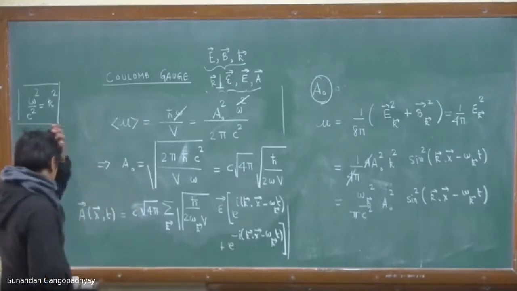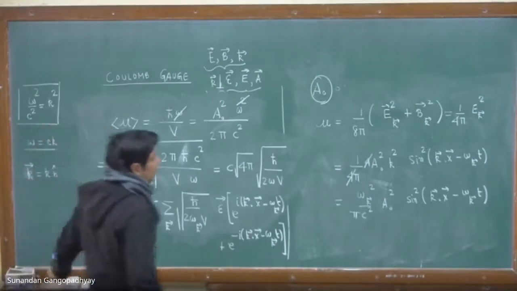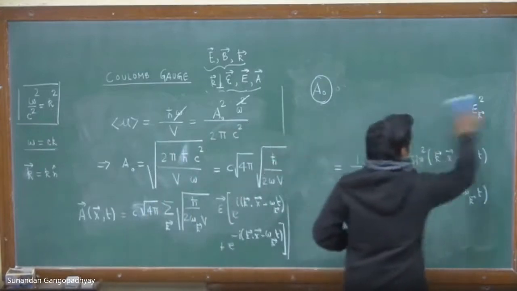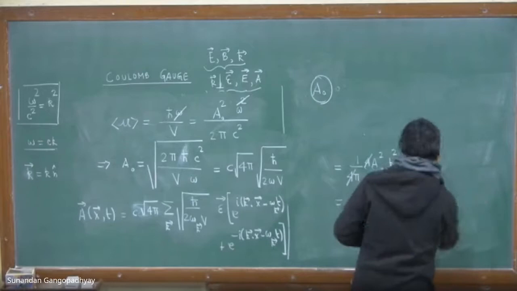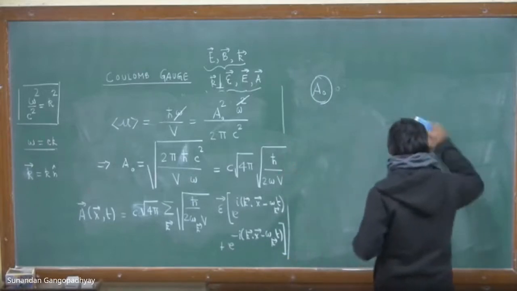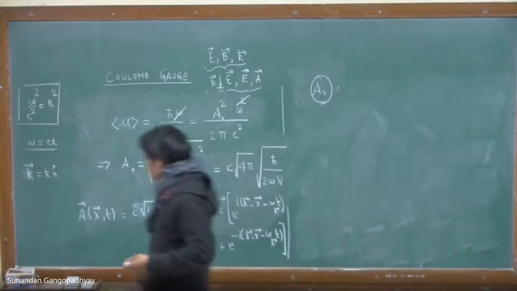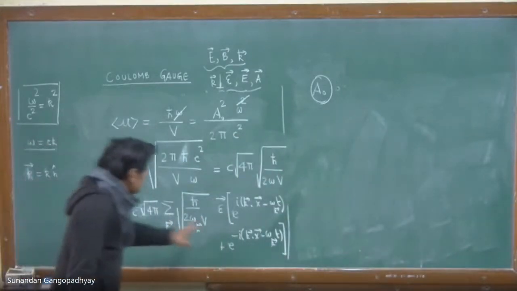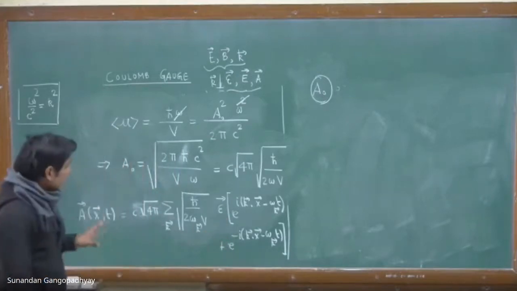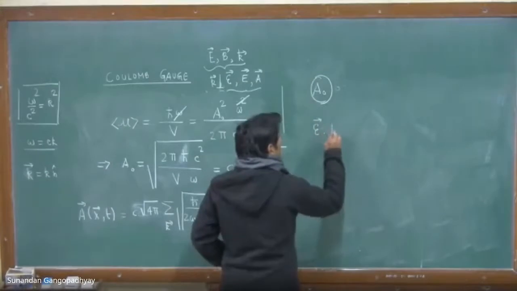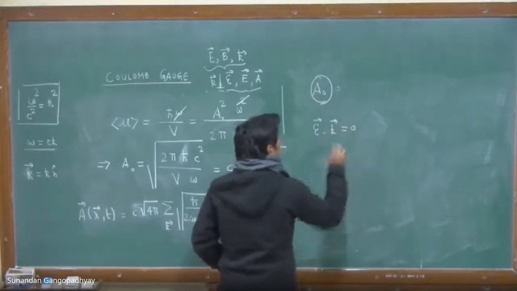And now I would just end with one more thing, and then we shall continue from here in the next class. You see from here that this epsilon vector is perpendicular to the direction of propagation, so this is 0.